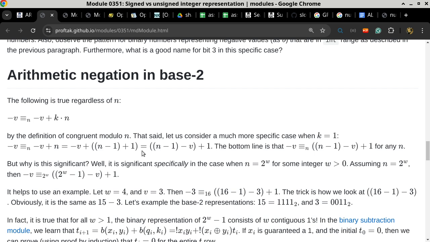So if I use w, let me go back to this w here. If w is 8, what is n? 2 to the power of 8 is 256. I'm actually kind of shocked that people do not have that memorized.